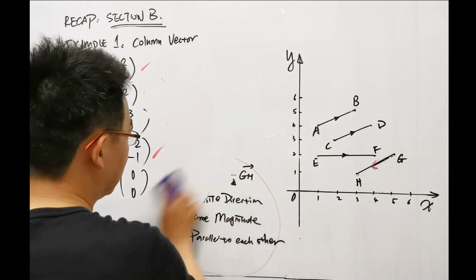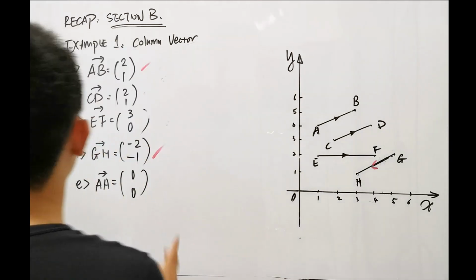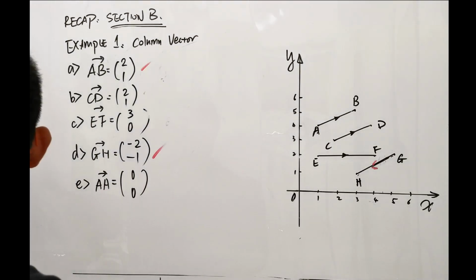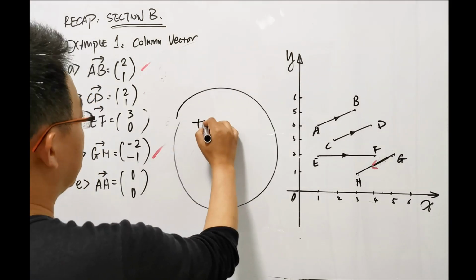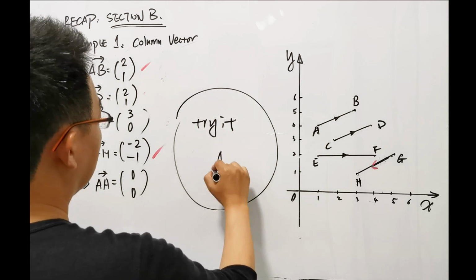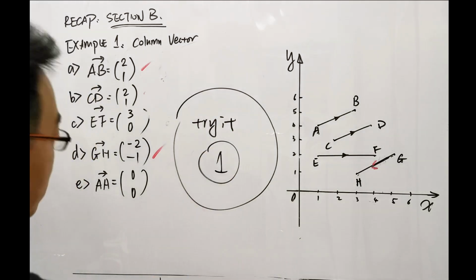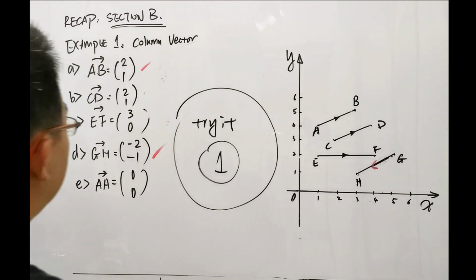Just remember this. That is example one. So that's one try. There are similar things in our class. When you go back home, you can probably try it yourself. Okay, number one. Thanks for watching. We stop here today. Thank you very much.